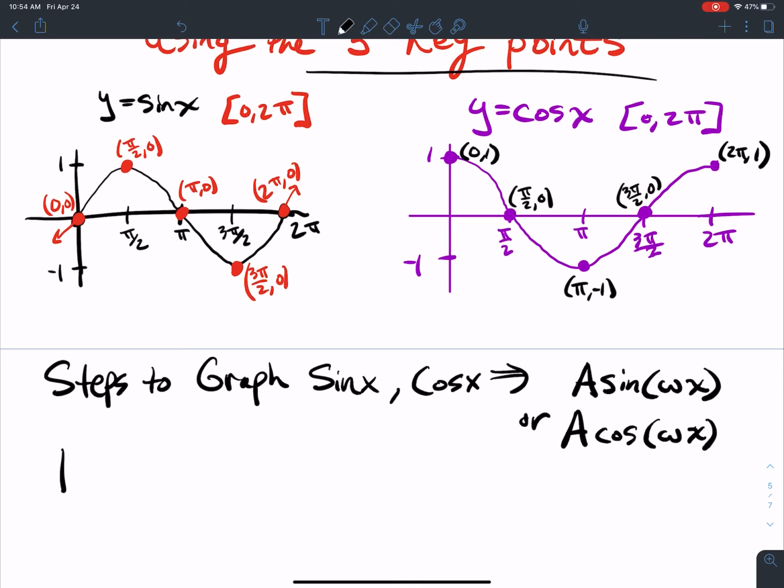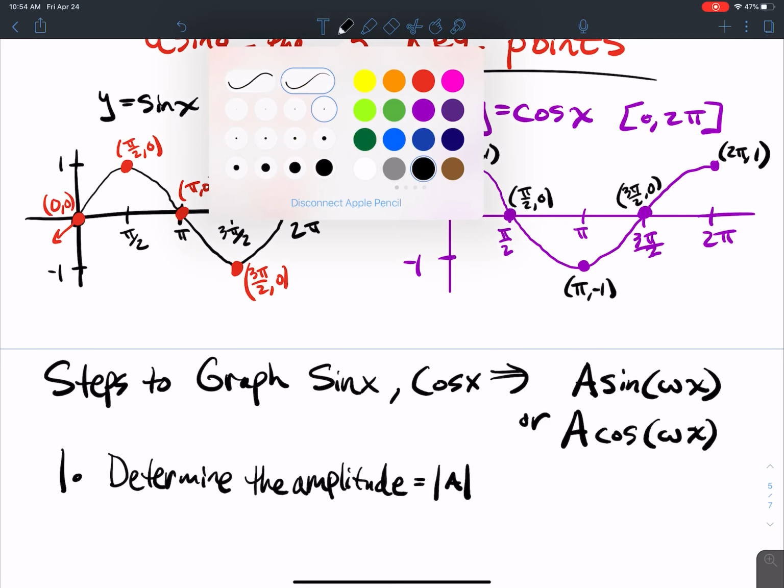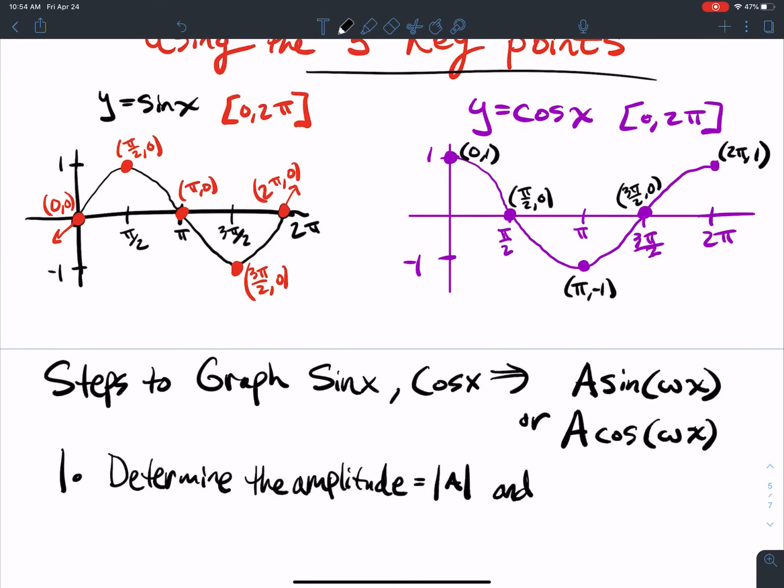Step 1: determine the amplitude, which is equal to the absolute value of A, and the period, which is equal to 2 pi divided by omega.